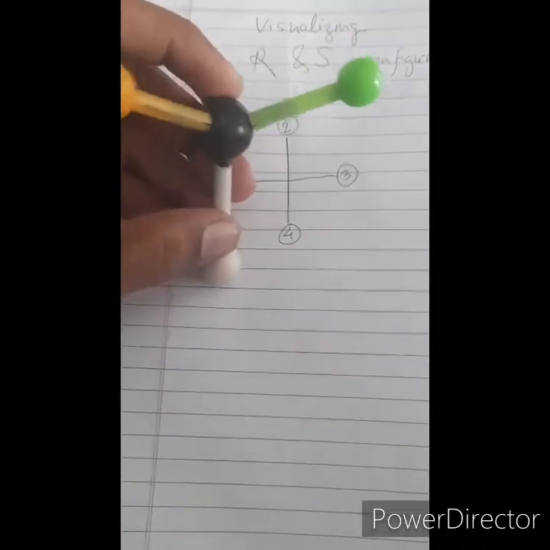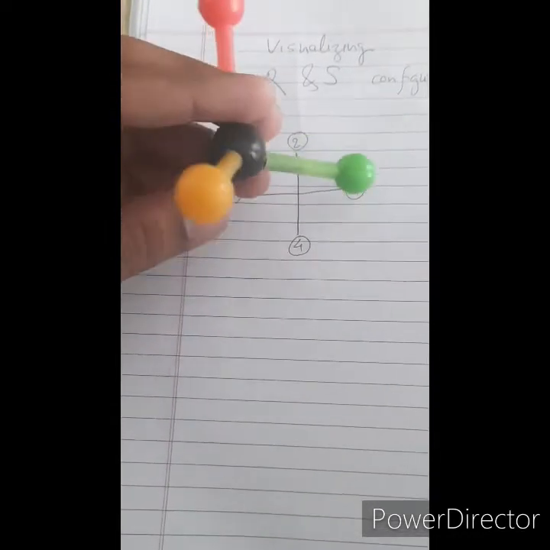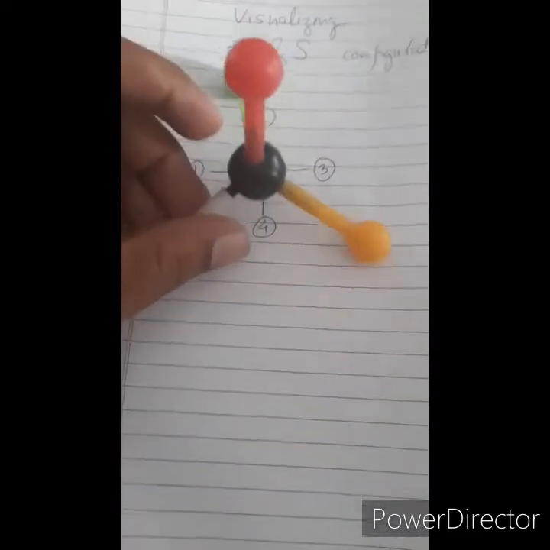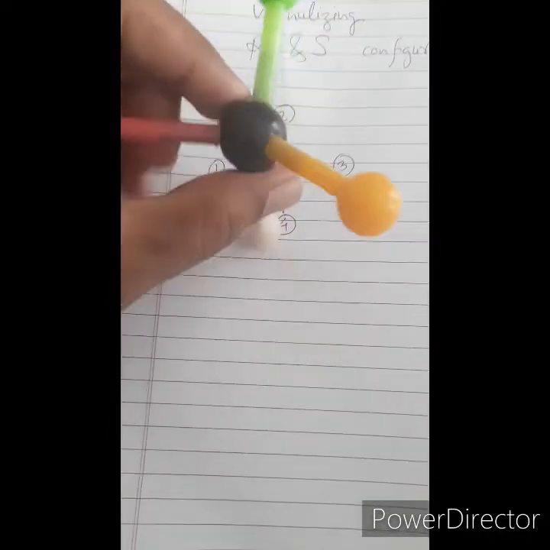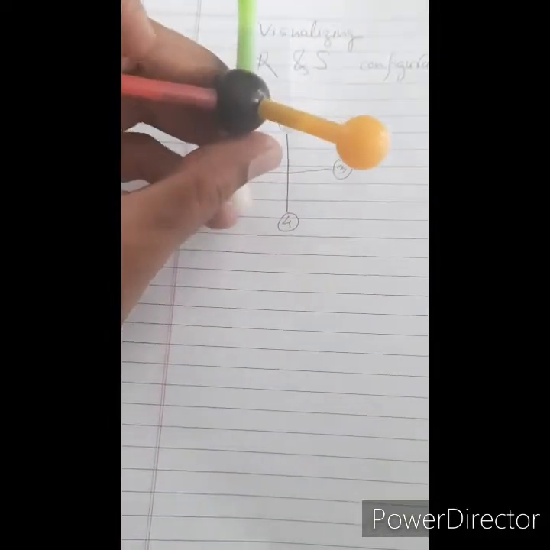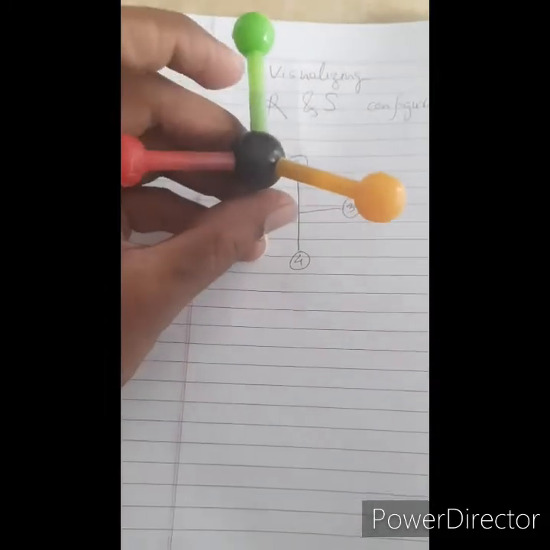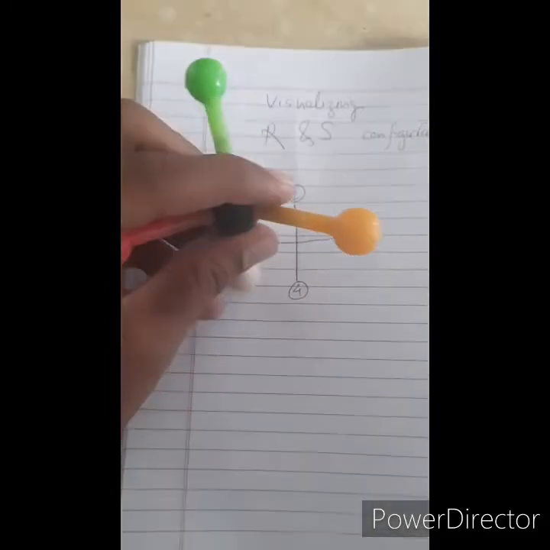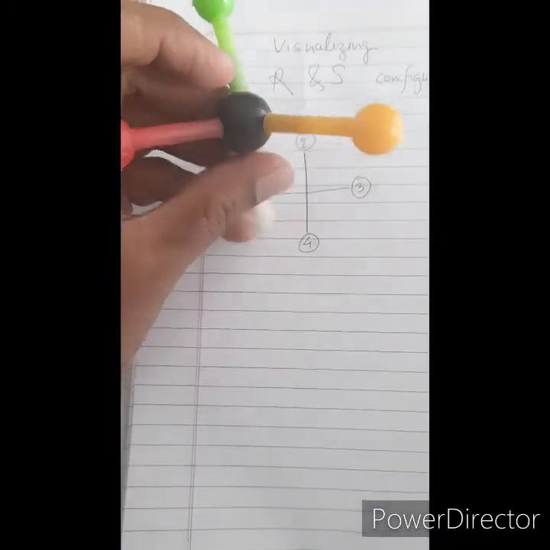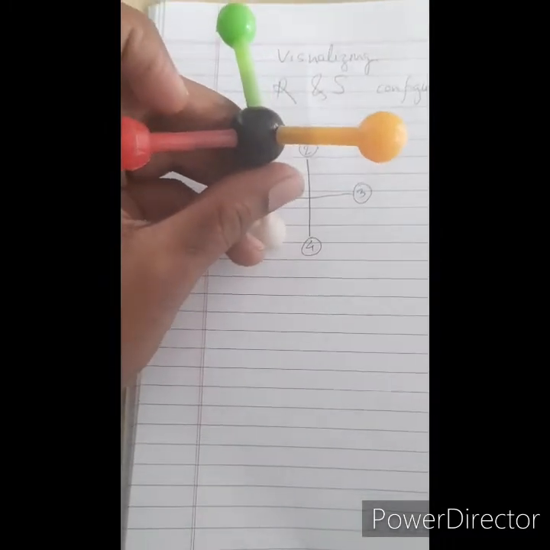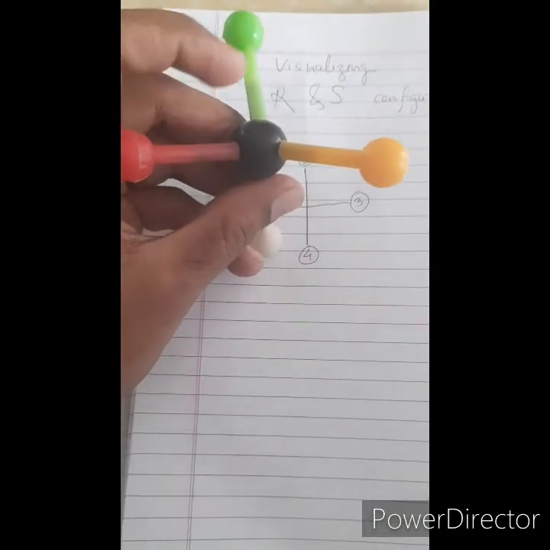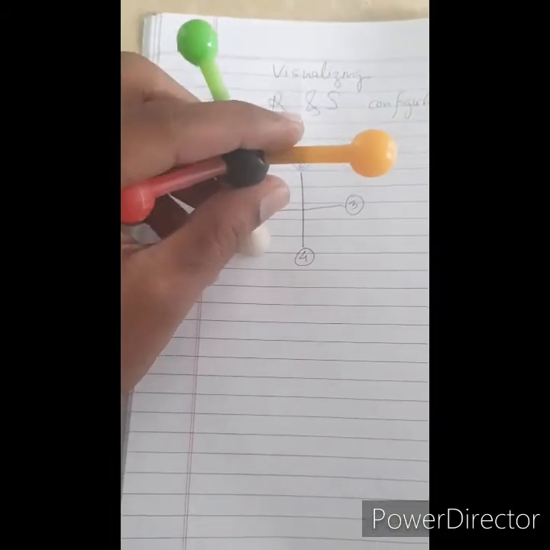So for simplicity, we will consider white as number 4, red as number 1, green number 2, and yellow number 3.